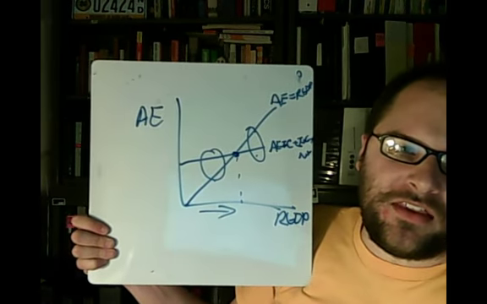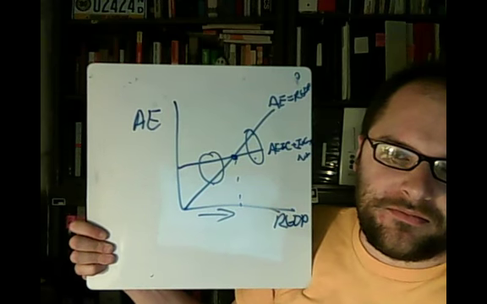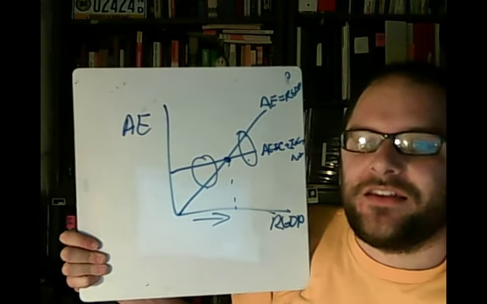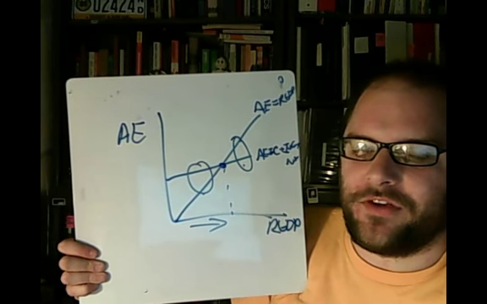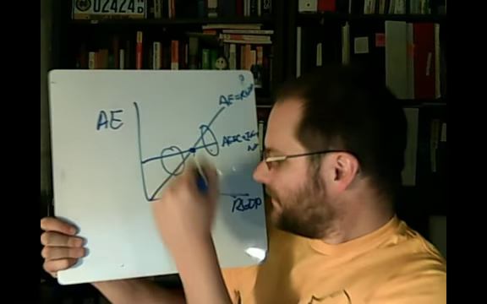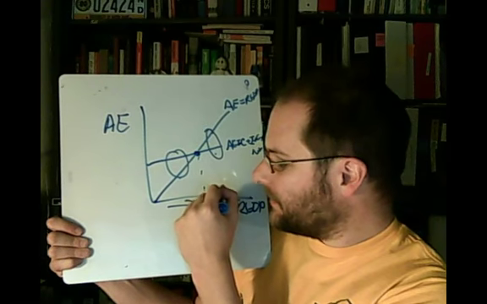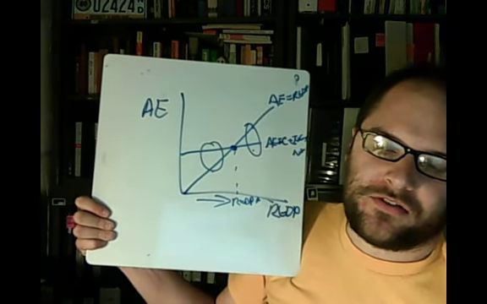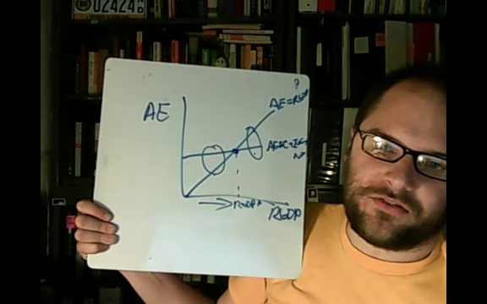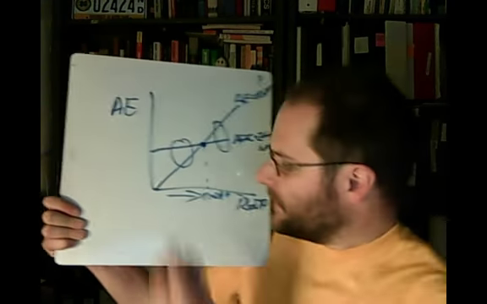At this point right here, that would be called the natural real GDP, and it has associated with it the natural unemployment rate, which you might remember from one of the previous chapters. So at this point, let's call it real GDP star. That's the natural GDP, and associated with it is the natural rate of unemployment.